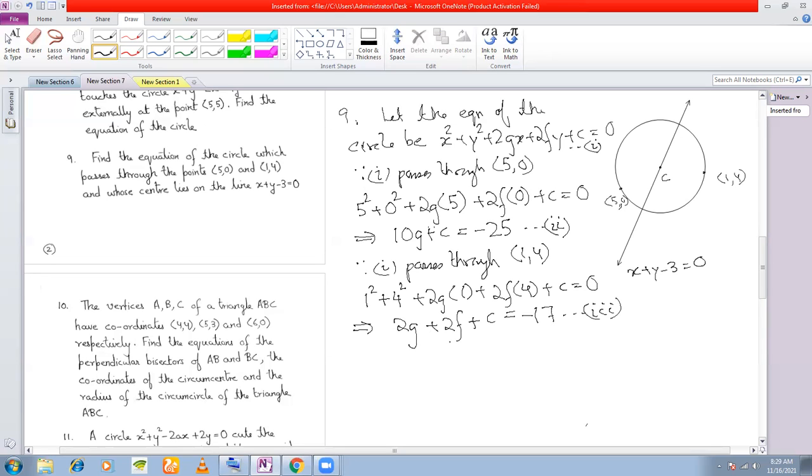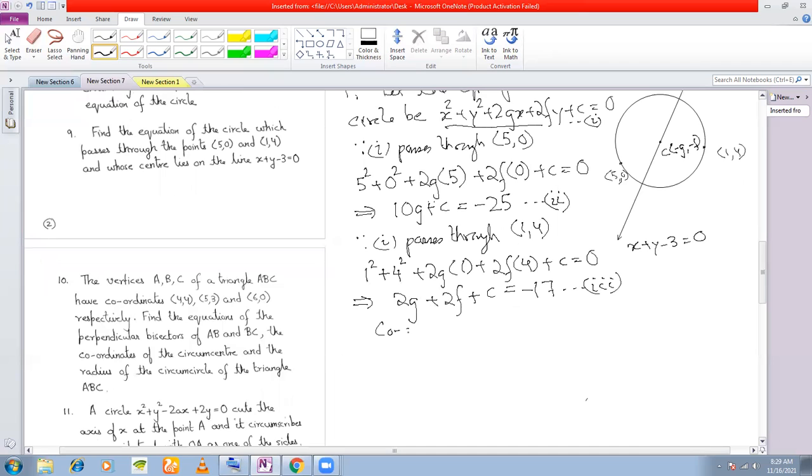Now the question is how to get the third simultaneous equation. See, we have taken the equation of this circle to be x square plus y square plus 2gx plus 2fy plus c. That means the coordinates of the center will be minus g, minus f. Now see that C lies on the line x plus y minus 3 equal to 0.